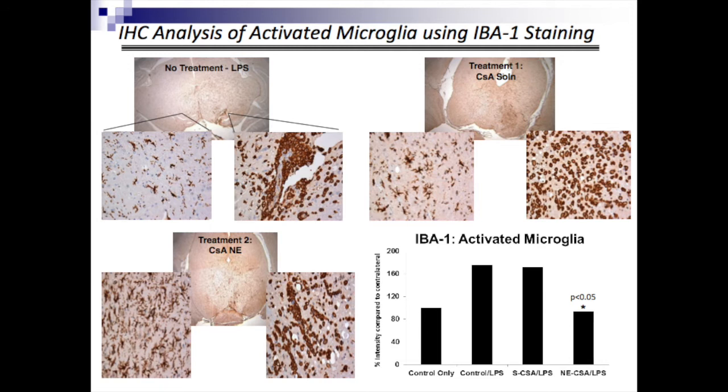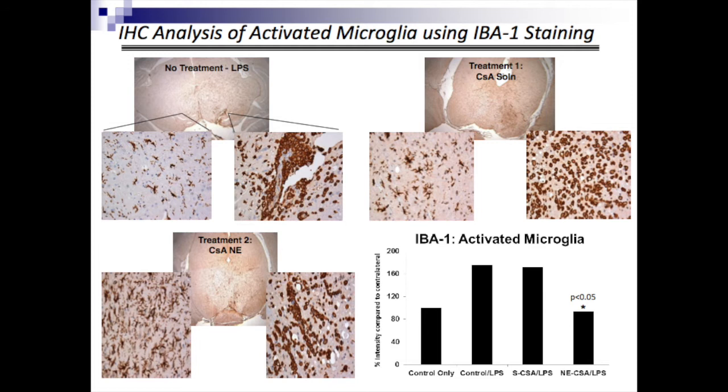When we treat with solution, we see some changes in the levels of microglia, but not significant compared to the untreated side. The untreated side is always our control. But the treatment with cyclosporine clearly shows a decrease in the levels of these activated microglia, and we can quantify.